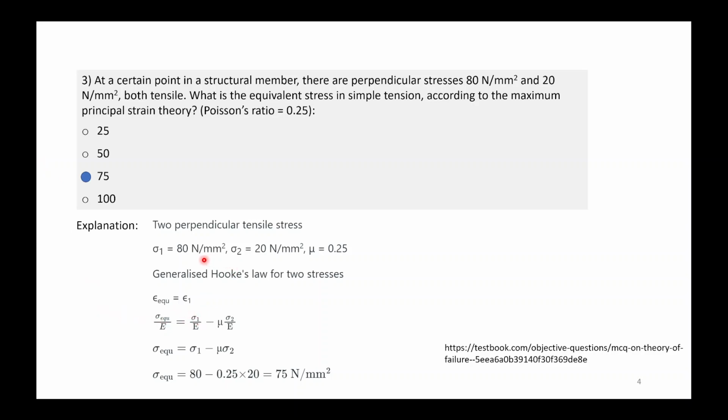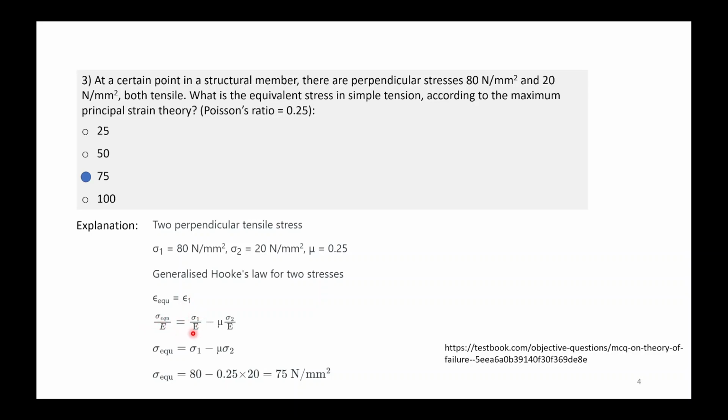In case of Hooke's law in generalized form, the equivalent strain will be equal to epsilon 1. Strain can be given in the form of stress, so equivalent stress divided by capital E, which is your elastic modulus.